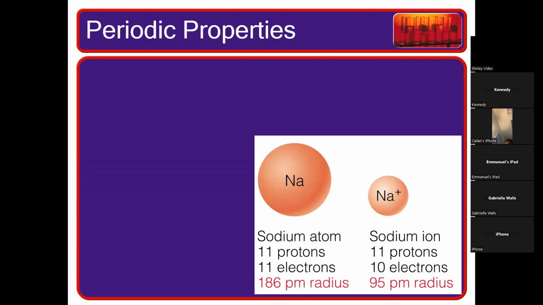Therefore, the sodium ion is going to decrease in size. Plus, you're removing a whole electron level when you remove the one electron on that third level, since sodium is in the third level.